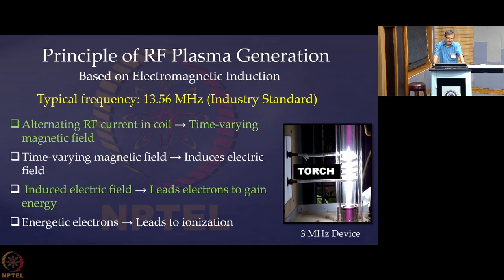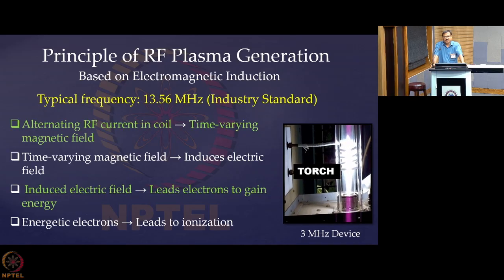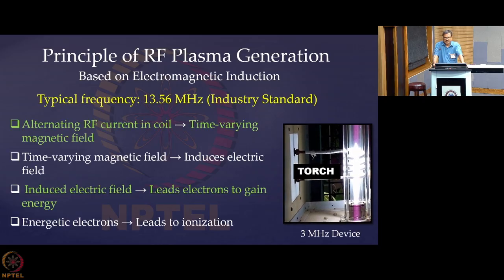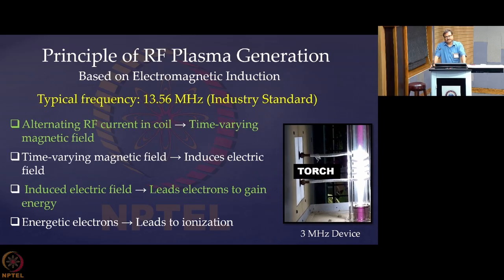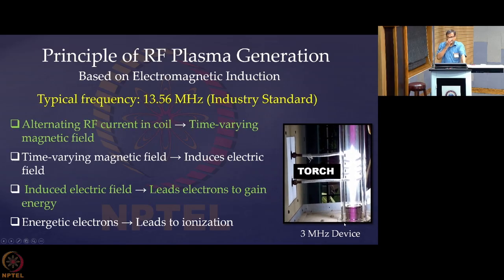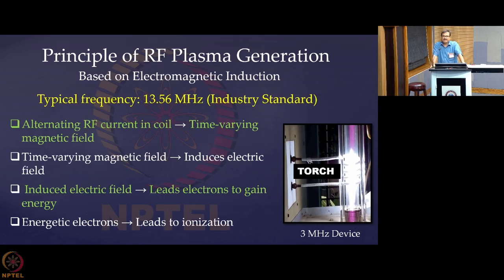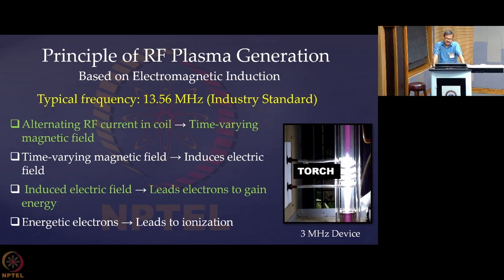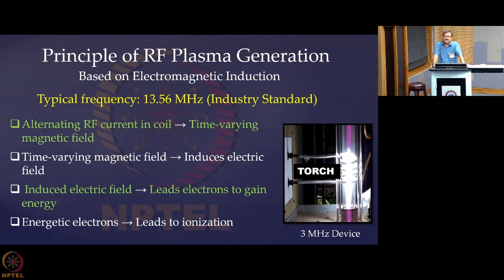RF thermal plasma devices are usually operating at around 3 megahertz. So this device, what you are seeing on the right side, is basically an RF plasma torch operating in our lab at 3 megahertz.